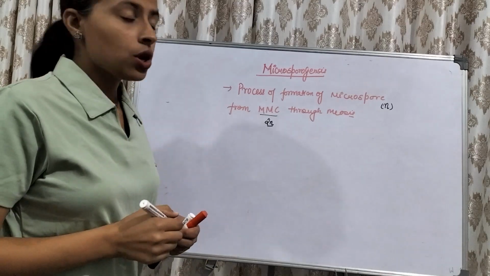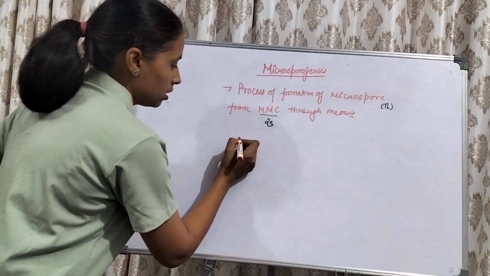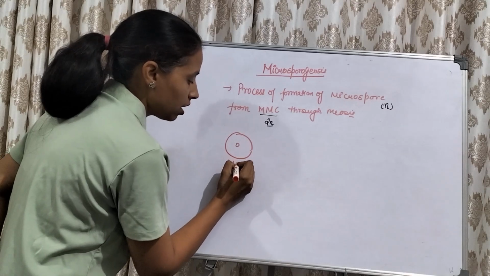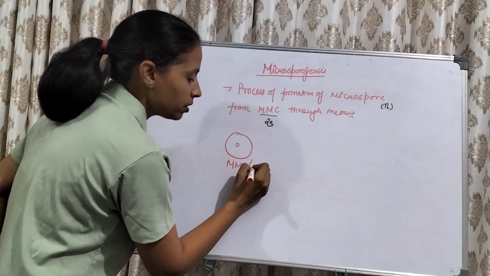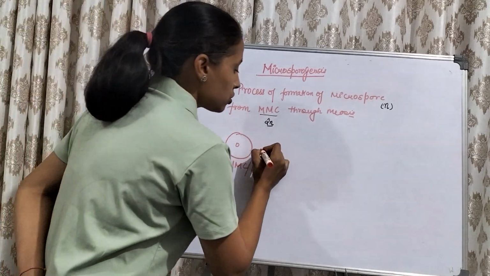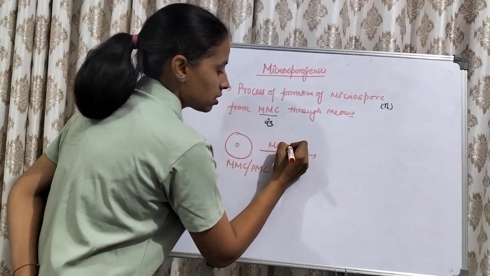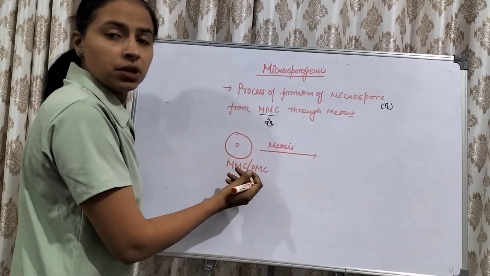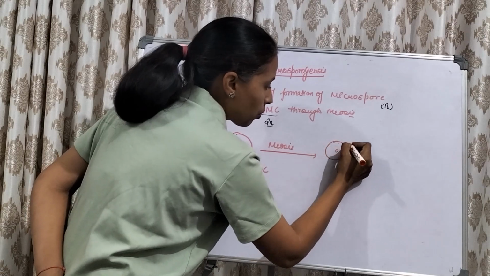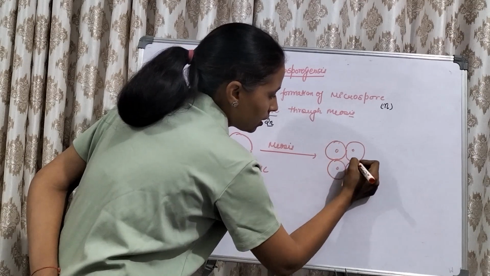In simple words, we represent that this is the microspore mother cell, or we can say the pollen mother cell. By the process of meiosis, the pollen mother cell produces microspore tetrads, the haploid microspore tetrads.